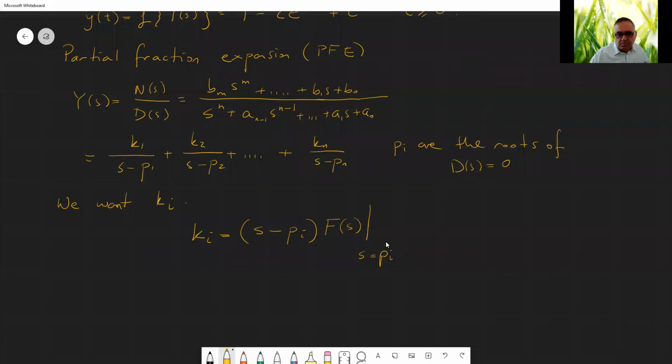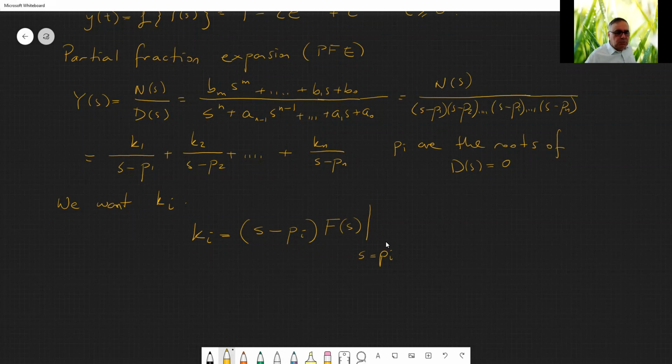Now, remember that this is n of s divided by s minus p1, s minus p2, ..., s minus pi, ..., s minus pn. So s minus pi is one of the roots of this equation. So when you multiply Y of s, sorry, I said F of s, right? This should be Y of s, sorry.